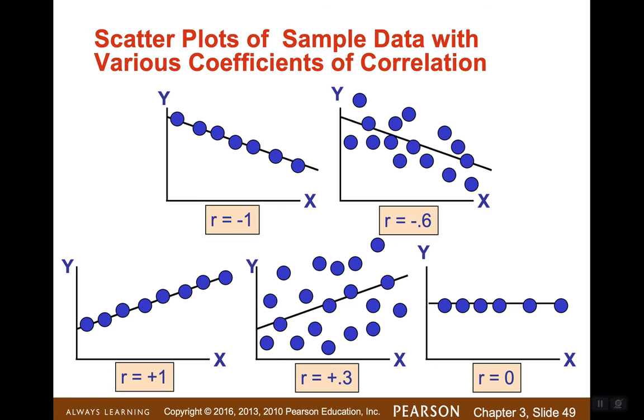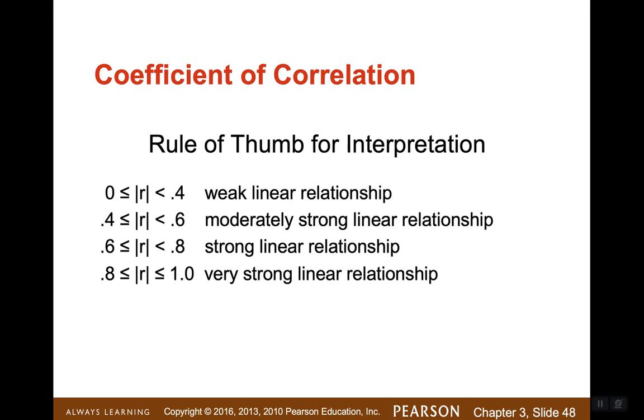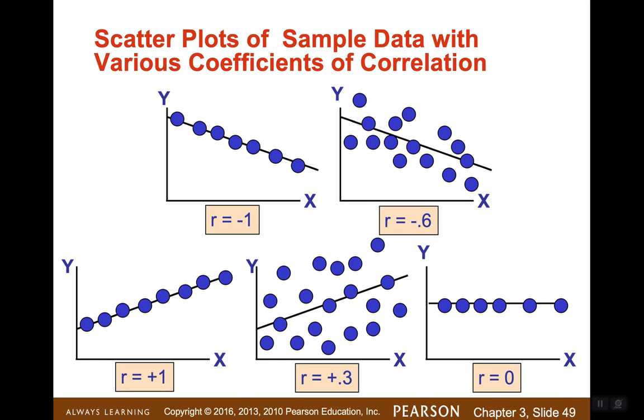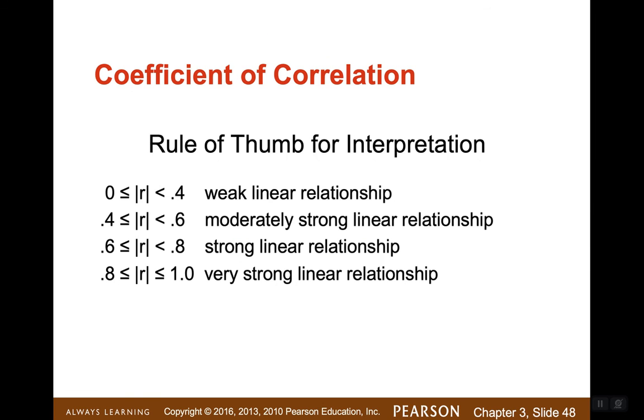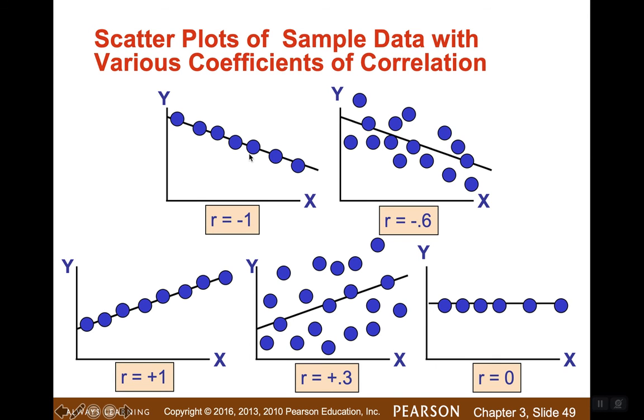A downsloping line shows us -1. Then 0.1, which is going to be a relatively weak linear relationship. 1 is strong. 0 is even.